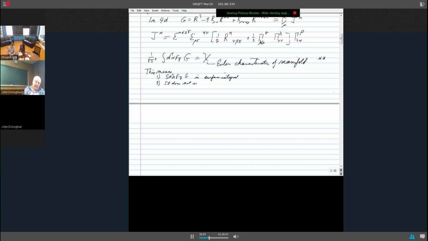You see this in the geometry more. For us, it has the following meaning. It's a total derivative. So that we then end up with the integral d4x square root of minus g of G being a surface integral.